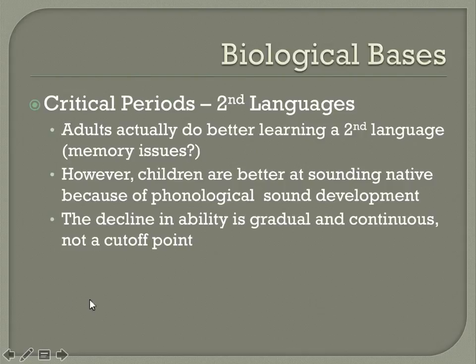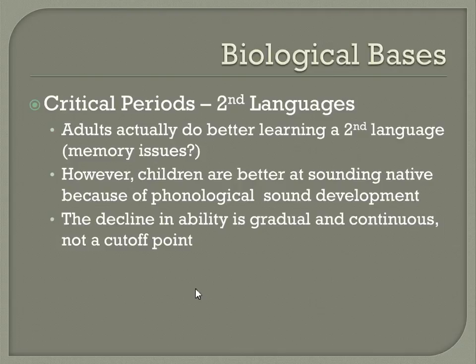If we test those hypotheses, there's a little bit of a strange interaction in that adults actually perform better at learning a second language than children. But they think that's due to the fact that adults are better at studying because we have more developed memory systems. We've usually been taught through school how to study and work on memory, so adults are better at memorization.